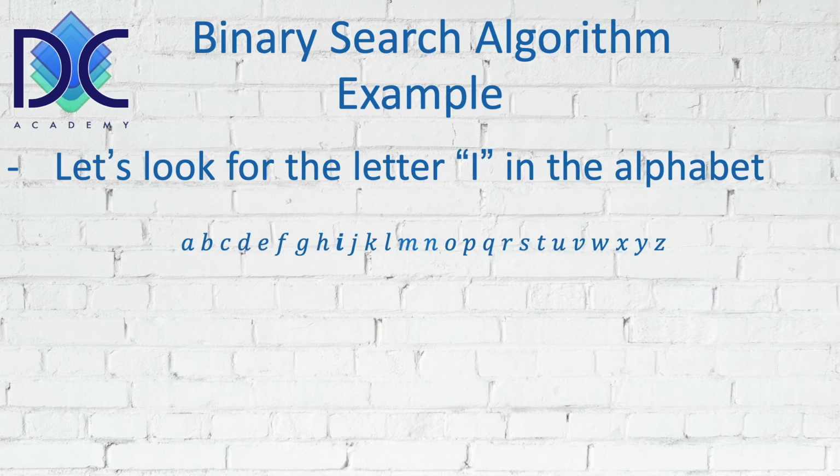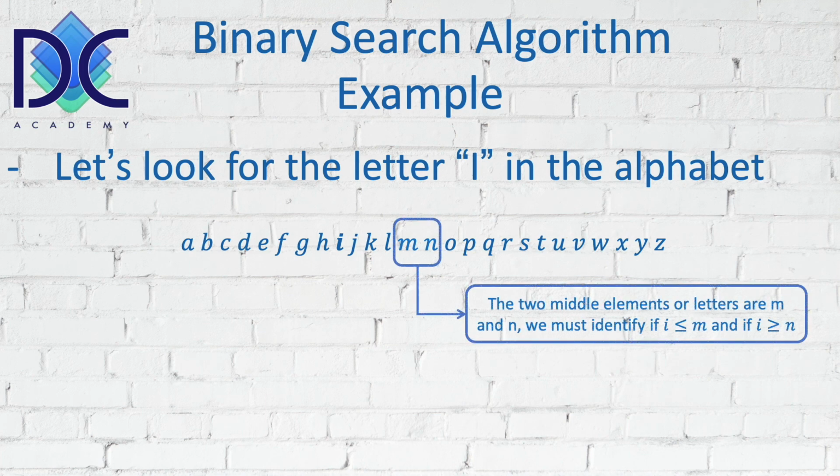So we have the alphabet, A till Z. I use the English alphabet, and the letter I is in bold. Now in the middle we have two possibilities: M and N. Normally the procedure will take the lower letter, so it would take N, but basically we can have M or N in this case.